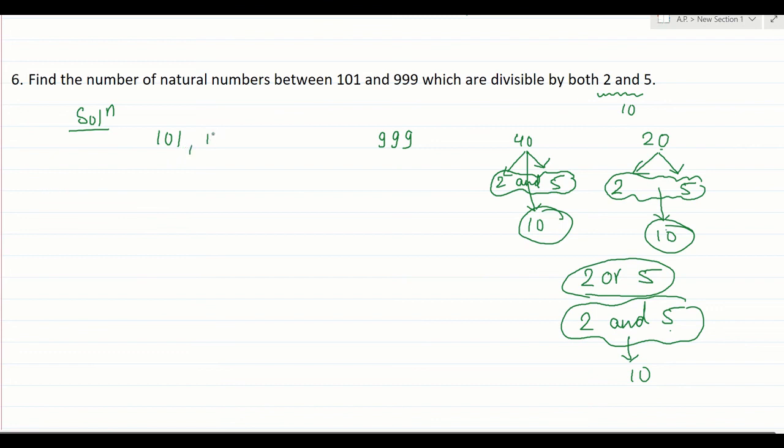So what is the first number which is divisible by 10? It is 110, and then 120. So in this manner you will go, and at last the last number will be 990. Isn't that?